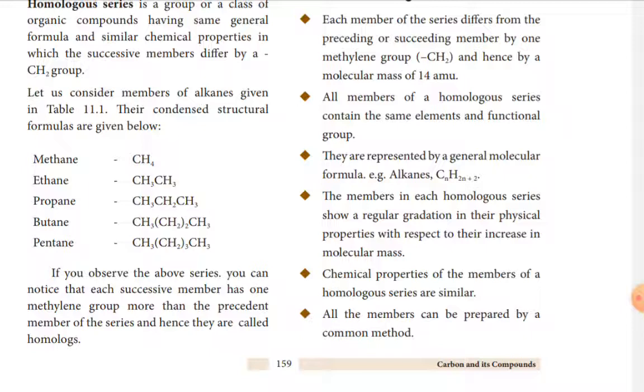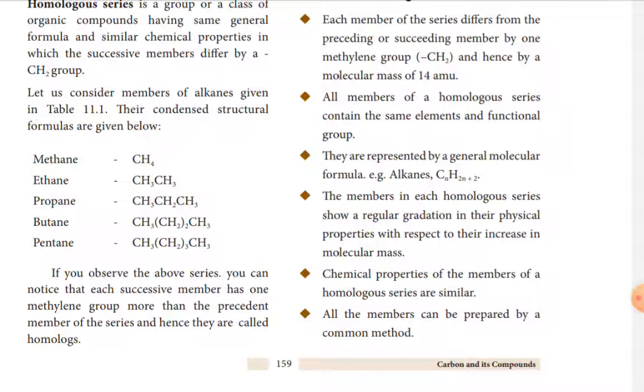What is the difference between methane and ethane? One CH2 group, so a molecular mass of 14 atomic mass units changes each time.